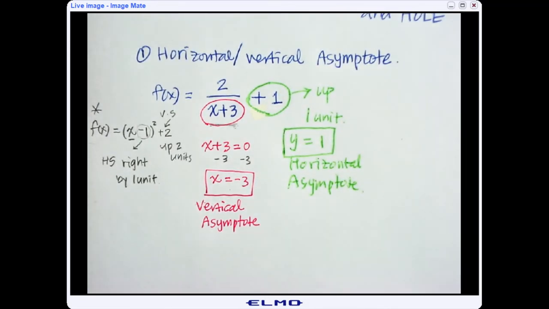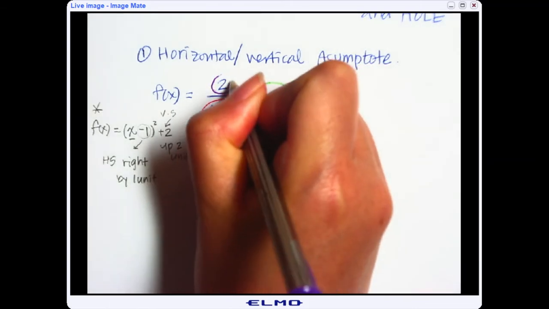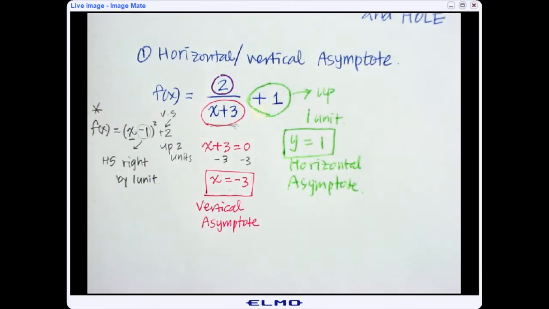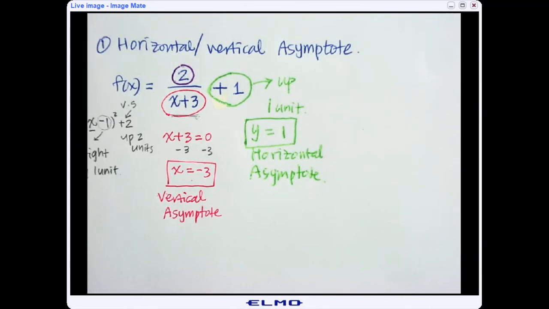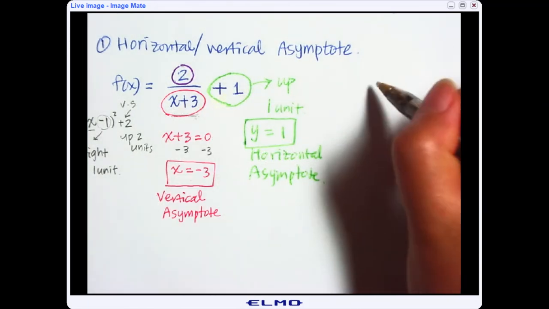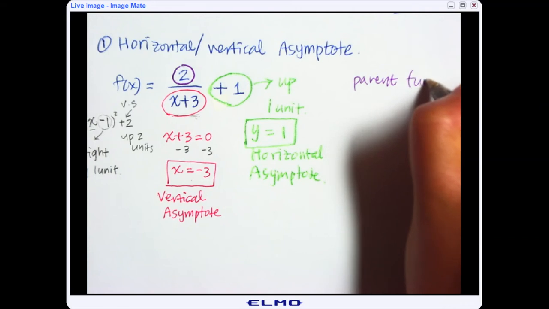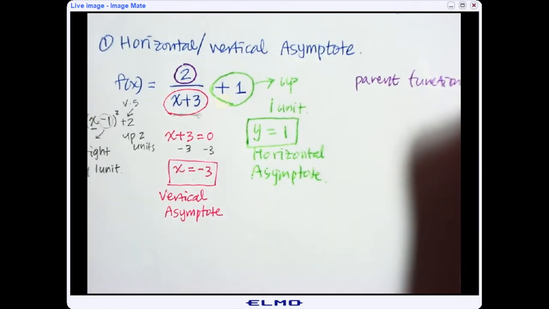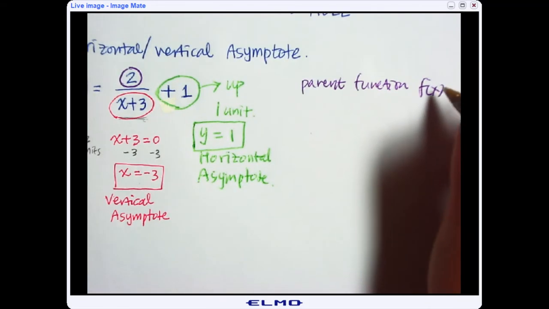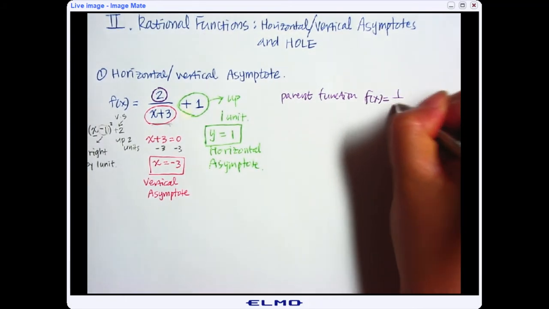Then let's guess what we can see from this 2 on top. Then let's compare this whole structure with the parent function f of x equals just 1 over x.